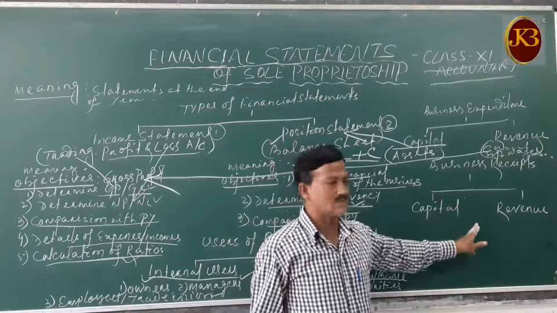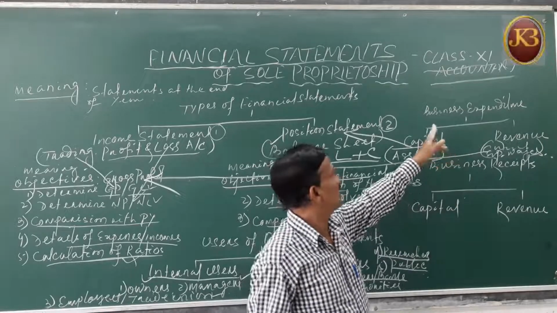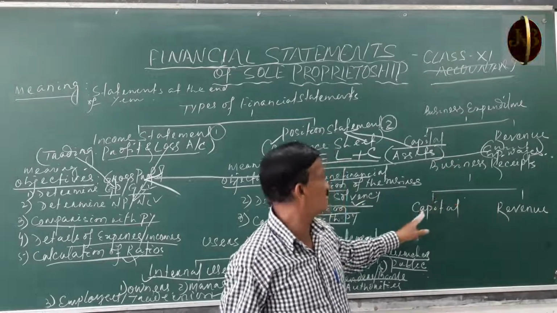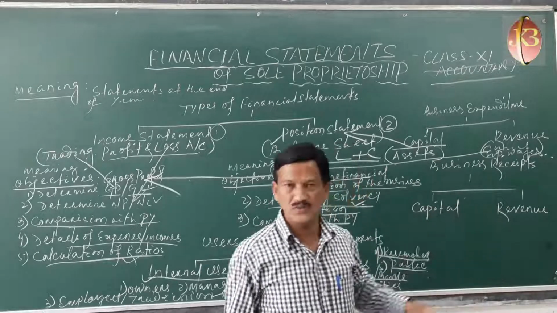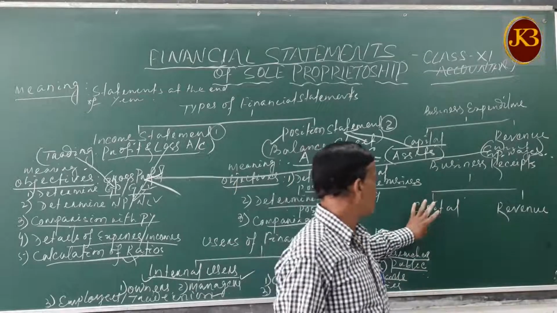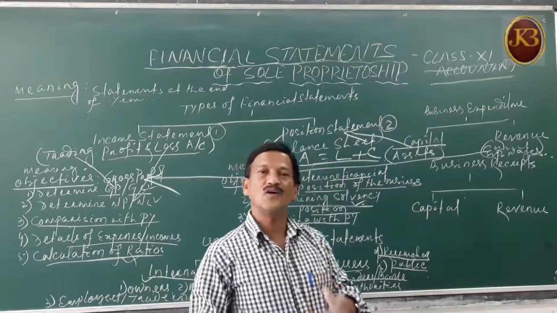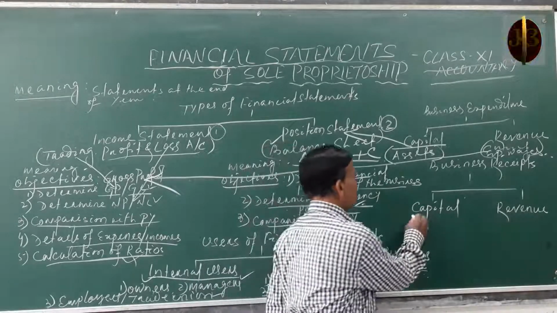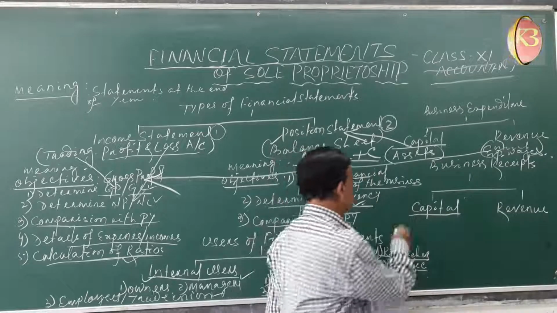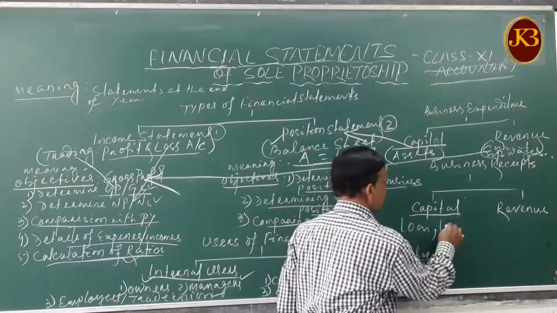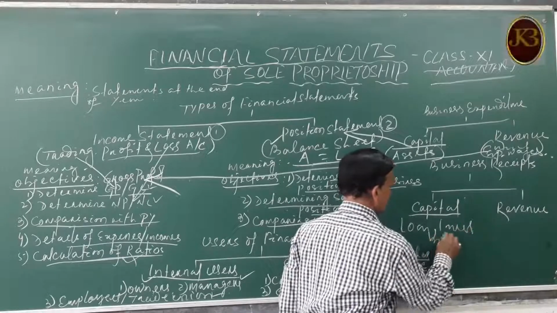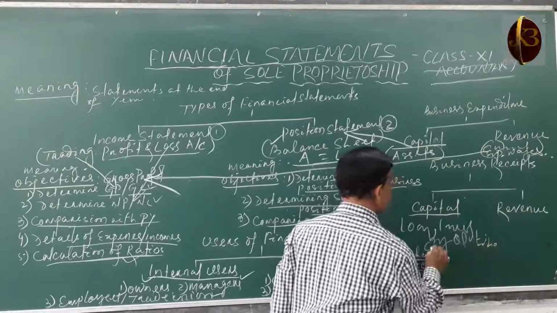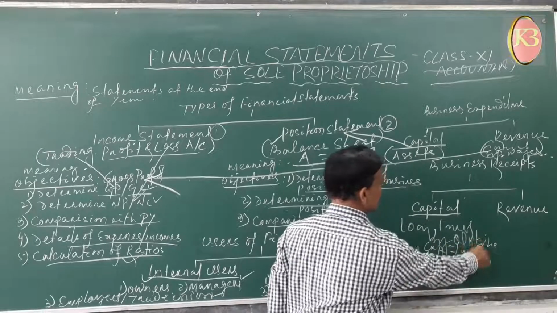Next is your business receipts. As you have seen, business expenditure is capital expenditure and revenue expenditure. Business receipts are also capital receipts and revenue receipts. Capital receipts means the receipts which are occasional, not regular, not recurring in nature, like loans, investment by outsiders, and the capital contributed by the owners of the business.